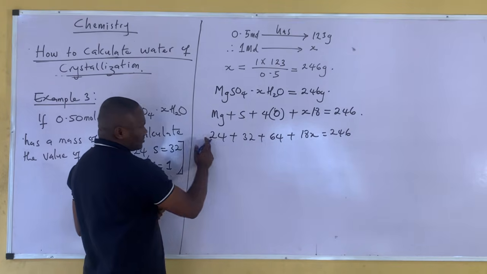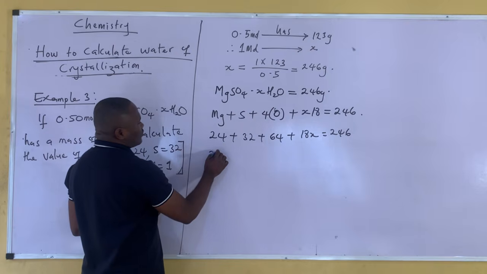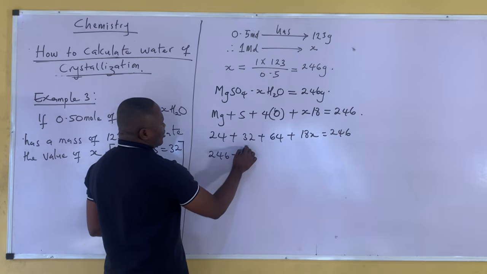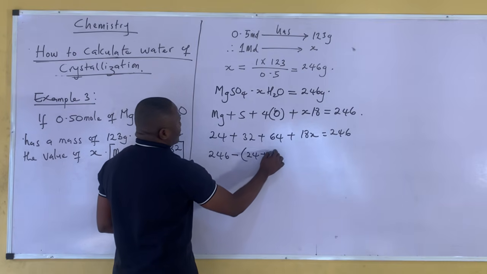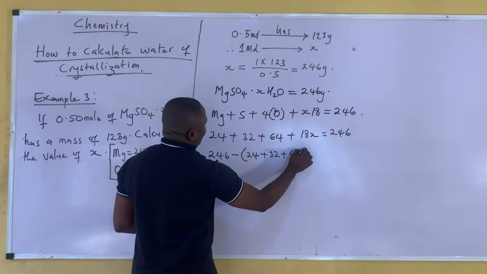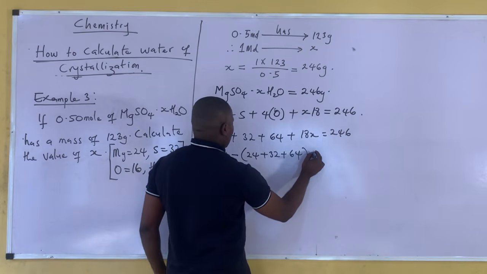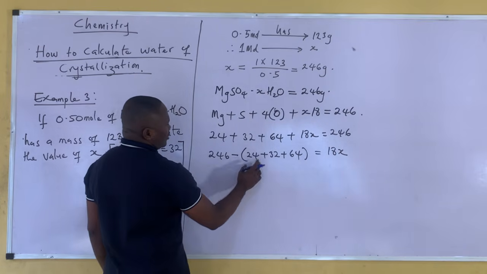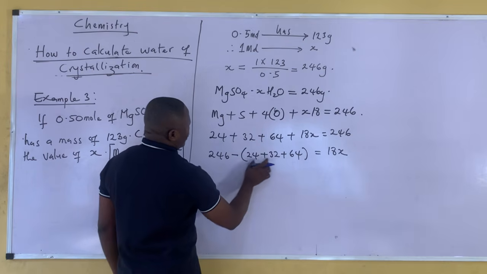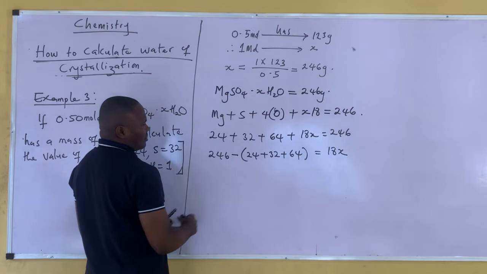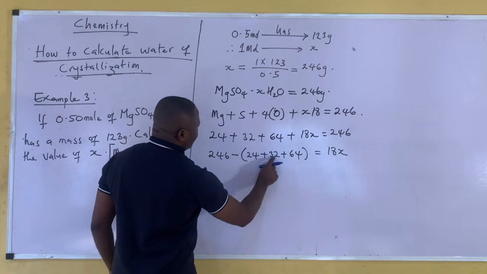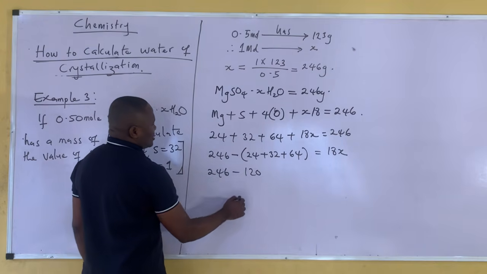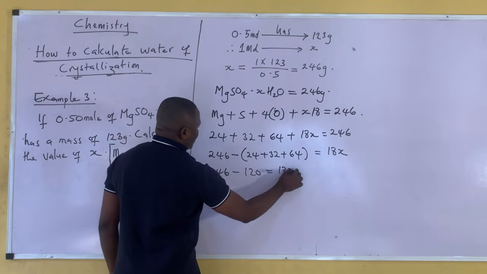What's the next thing? Is to add everything up. We have 246 minus, open the bracket, 24 plus 32 plus 64, everything is equal to 18x. So if you add up this, it's already 120. That's 246 minus 120 is equal to 18x.